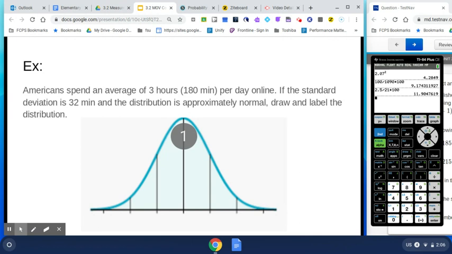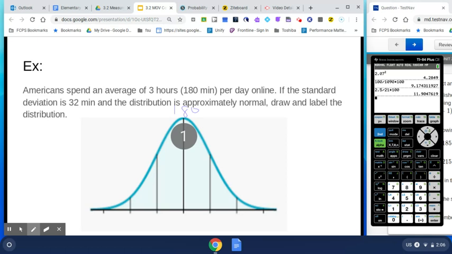Okay, so if our distribution is symmetrical, that means all of the measures of center are exactly in the middle. So this line in the middle of the distribution is going to represent the mean. So I'm going to put that mean right in the middle. Our mean was 3 hours or 180 minutes. I'm then going to move standard deviations in the positive direction.